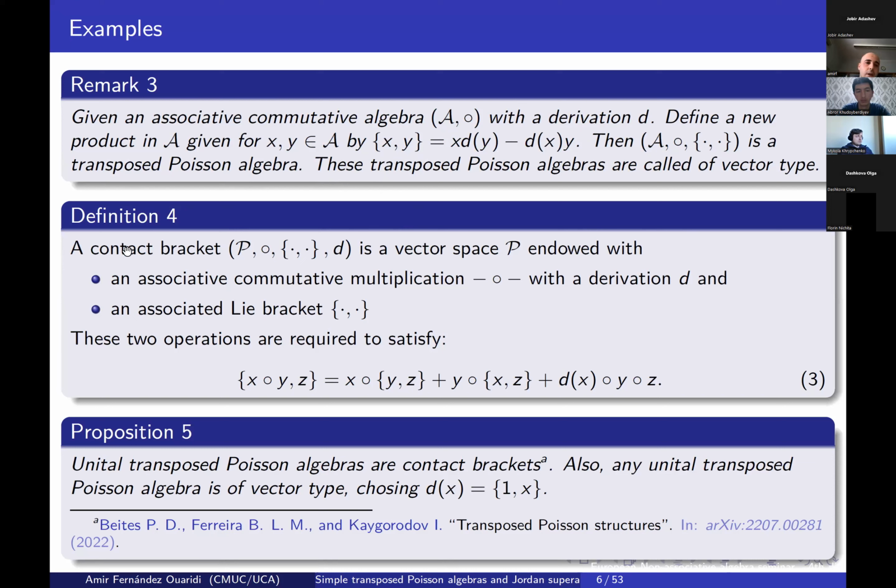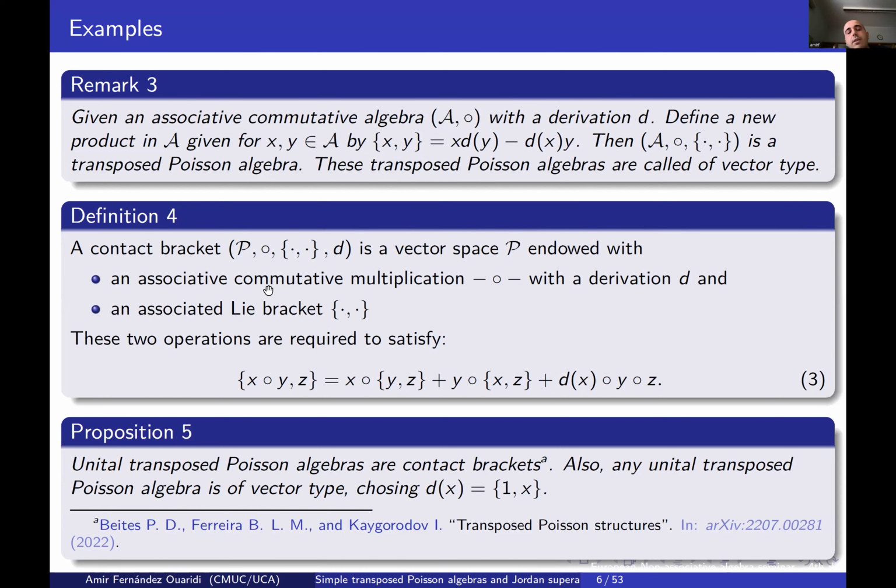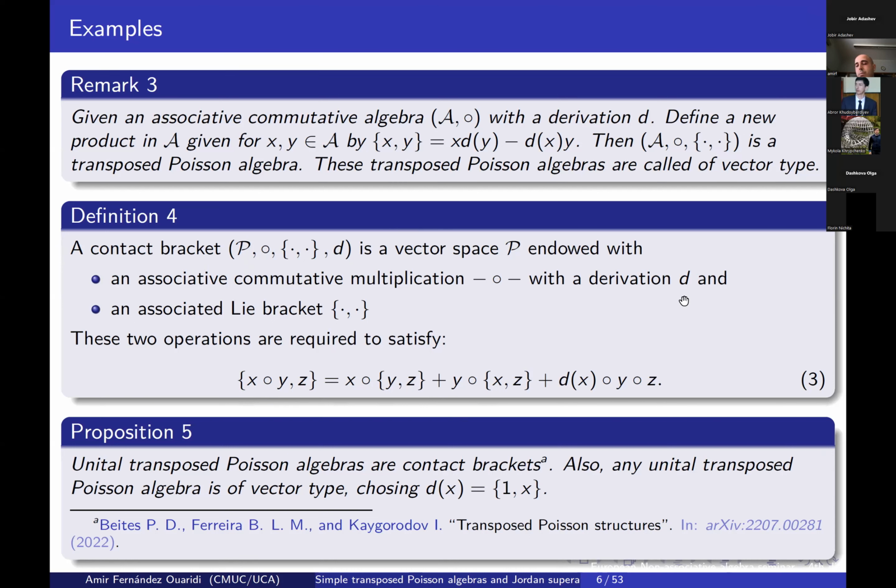Okay, a contact bracket is a vector space P with an associative commutative multiplication with a derivation, and an associated Lie bracket satisfying this identity, which generalizes the Leibniz rule of the Poisson algebra. So contact brackets are a generalization of the Poisson algebras, and any Poisson algebra is a contact bracket if we take the derivation to be 0.